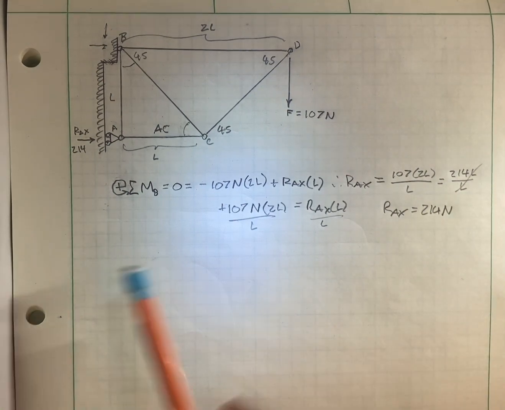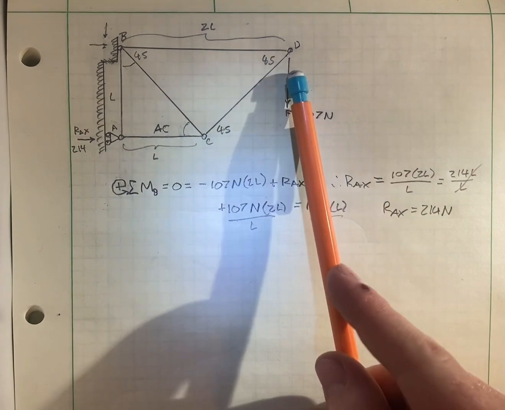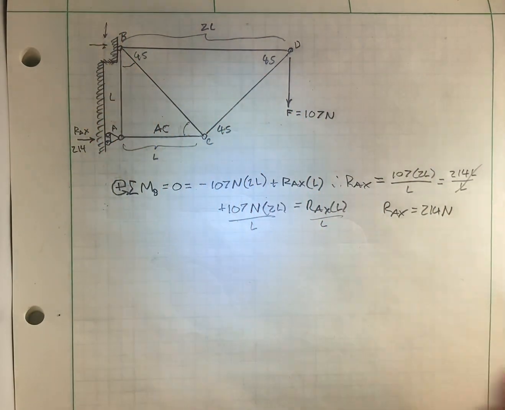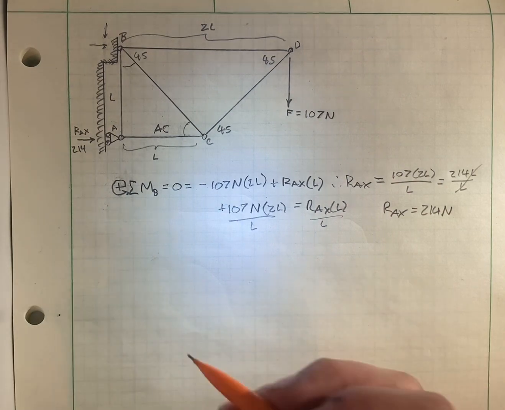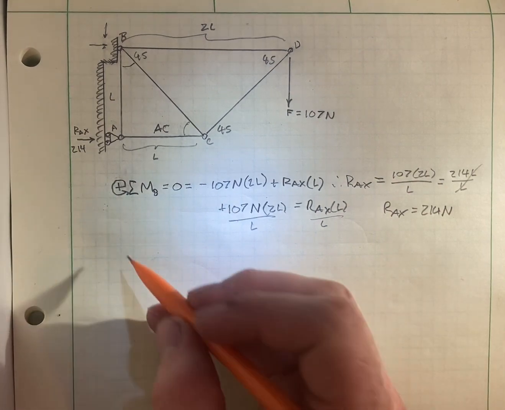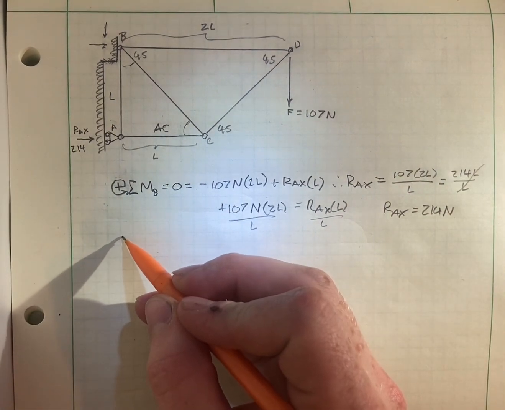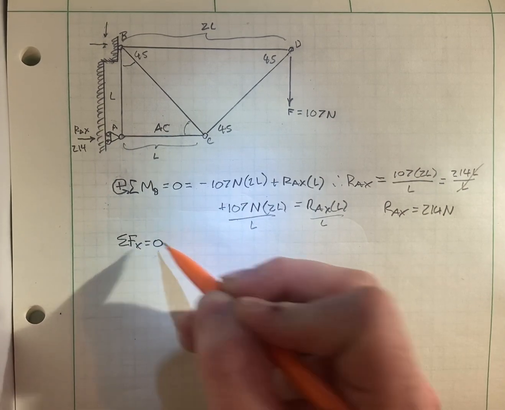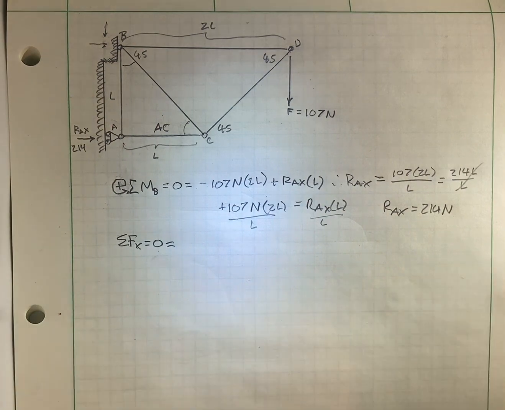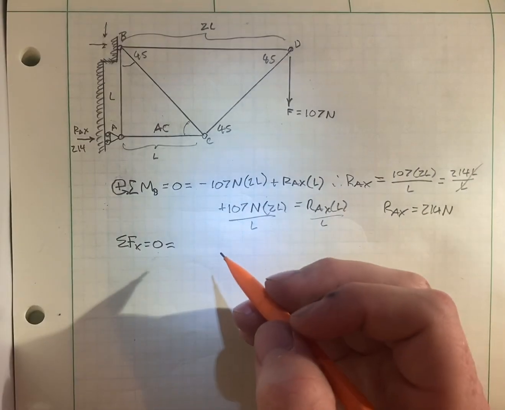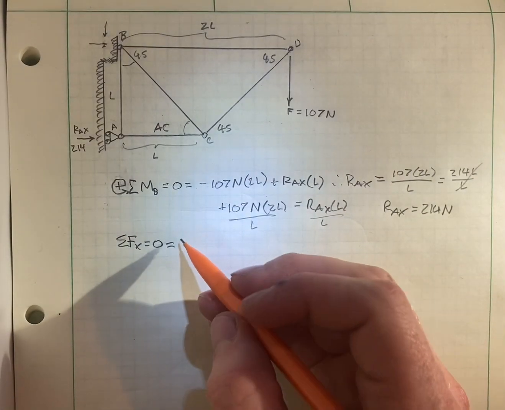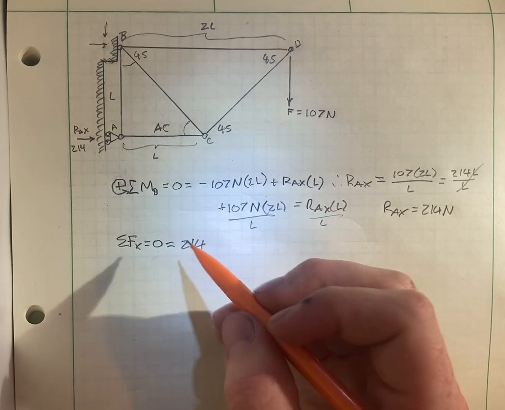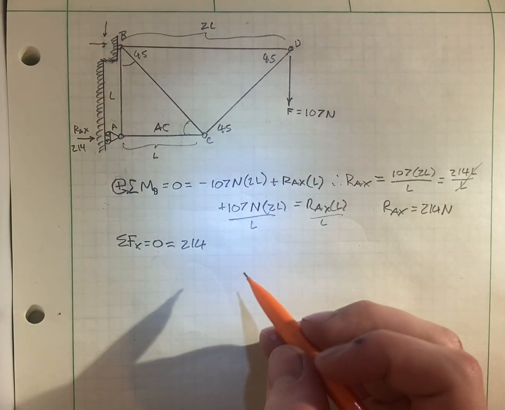Okay, so now that we have that, and we have this, we can solve for these, right? Because they're acting in the X and the Y direction. So let's go ahead and sum the forces in the X direction. First, you could do either first. I'm just doing X first because it's whatever. And this is a positive 214, right, in the X direction.